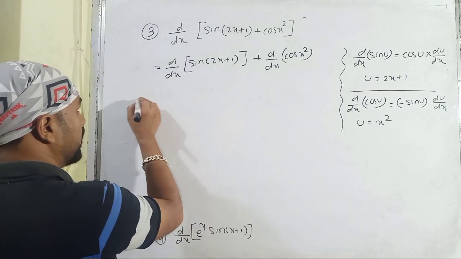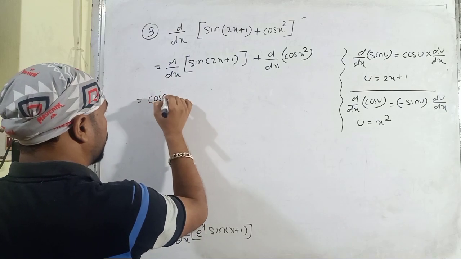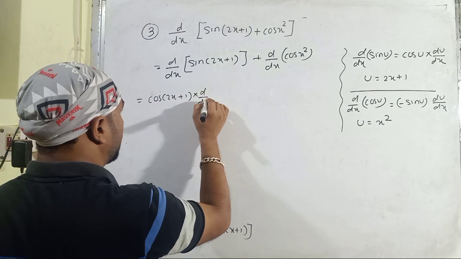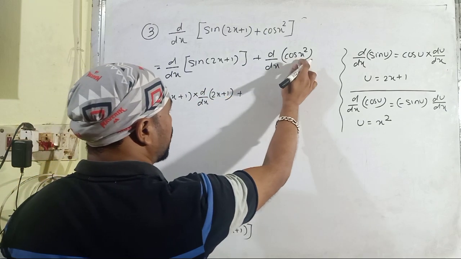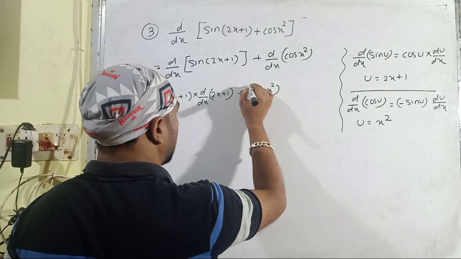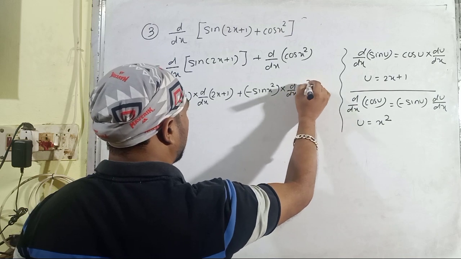So the differentiation of sin of 2x plus 1 will be cos of 2x plus 1 multiplied with the differentiation of 2x plus 1, plus differentiation of cos x square, which will be minus sin x square multiplied with the differentiation of x square.